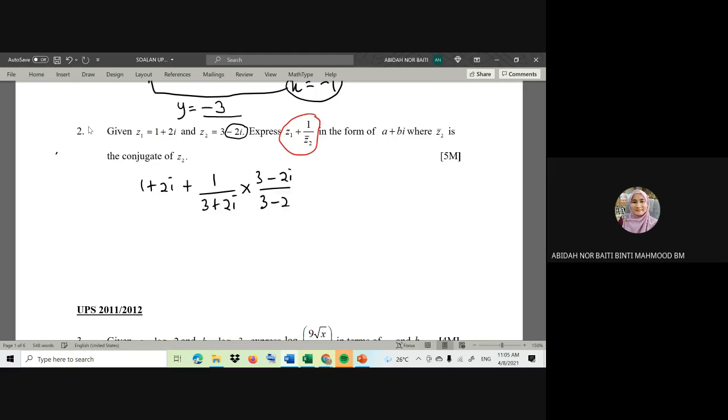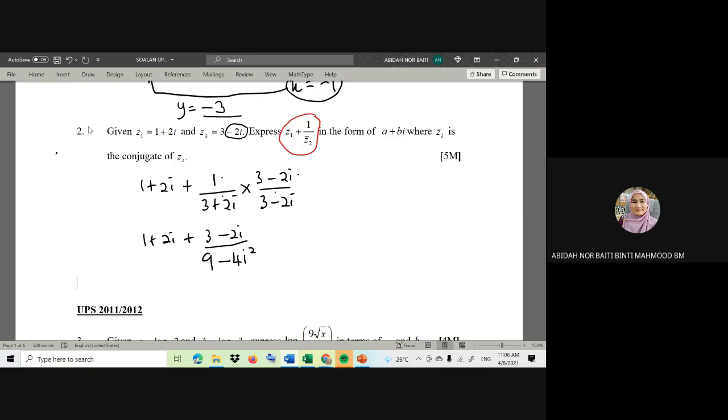Your second term in fraction form, we multiply by its conjugate of denominator. So that we get numerator times numerator, so we get 3 minus 2i. Denominator times denominator, so we get 9 minus 4i squared.